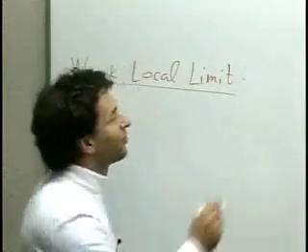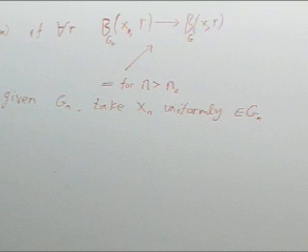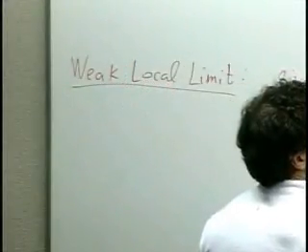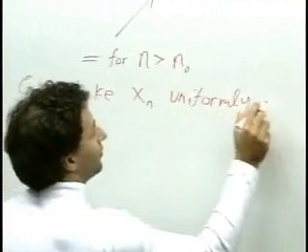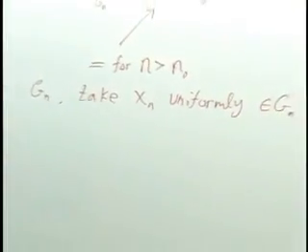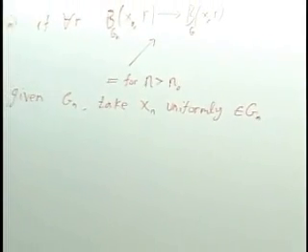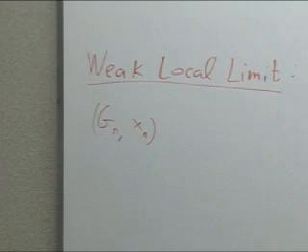So what is the idea? Given Gn, we take Xn uniformly. So it's a random vertex in Gn. And once we do that, Gn and Xn give you some distribution on rooted graphs, since Xn is not necessarily a given vertex.